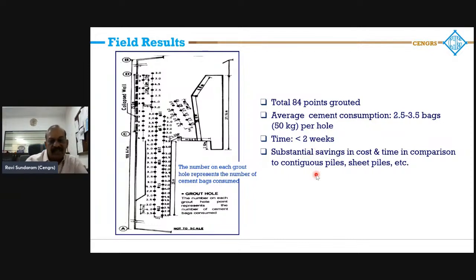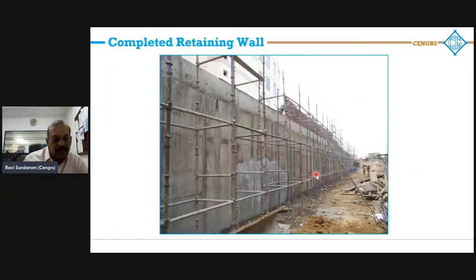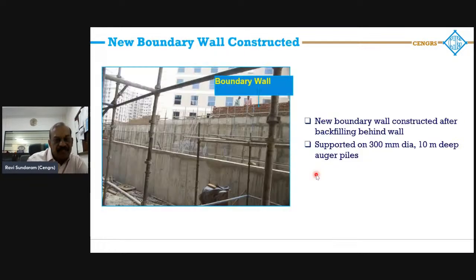So substantial cost as well as time saving compared to contiguous piles or sheet piles, etc. So this was successfully done, and the construction was completed. This is the completed retaining wall, and on top of this, a new boundary wall was constructed, and this boundary wall was supported on short piles, 300 diameter.